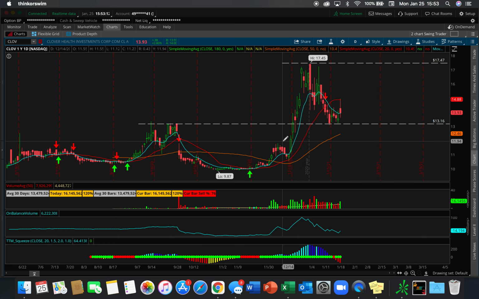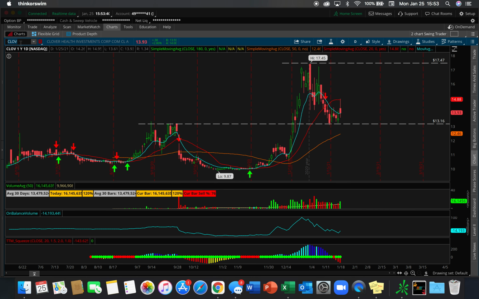If you have a support level and it breaks down and breaks through the floor, it now becomes resistance. So in this case, the stock broke through the resistance level, it became a support level, and it also created a new resistance level up here.